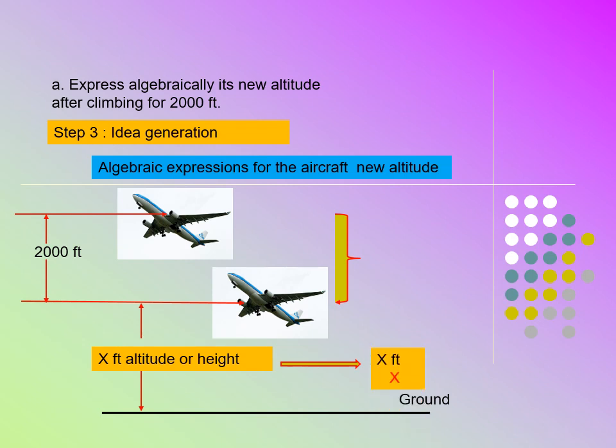So x feet altitude or height, we can express that as x. Then climb is a word which means increase in height. So that is plus. If you can recall, an increase is an addition, so the symbol is plus. Then 2,000 feet is 2,000.